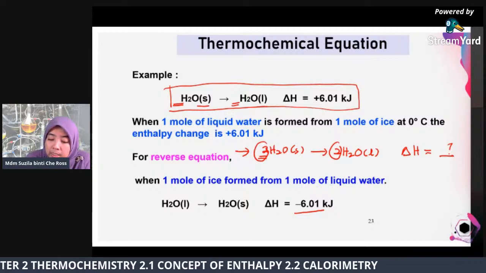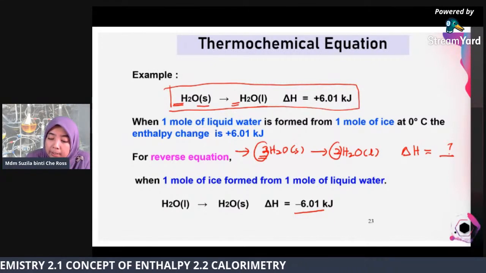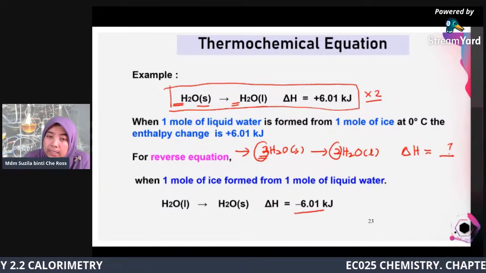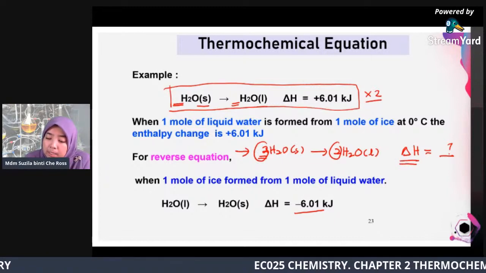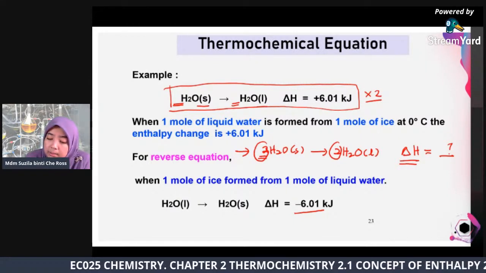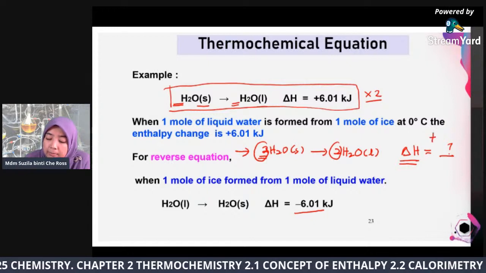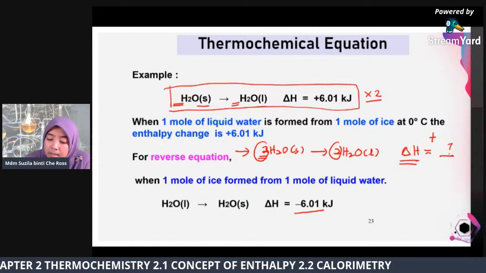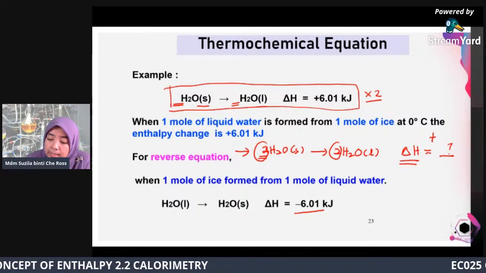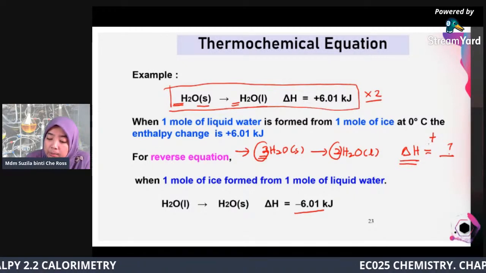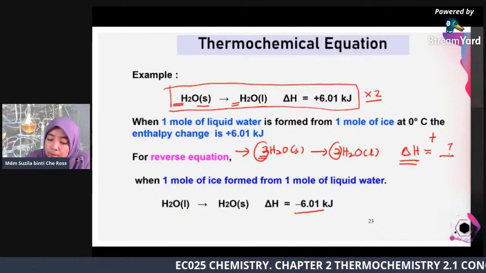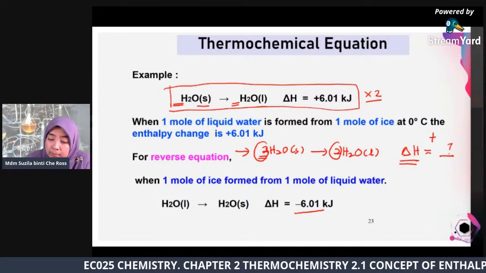That means you need to multiply the whole equation by 2 in order to get the new delta H. After multiplying by 2, the sign still remains the same because we don't have to reverse the equation, so the sign is the same but the value will be doubled. It will be positive 12.02 kilojoule.